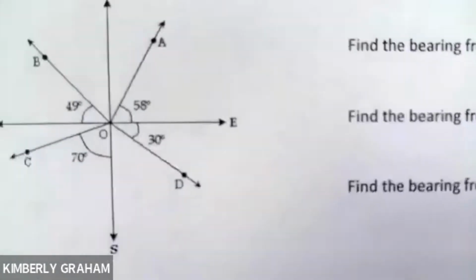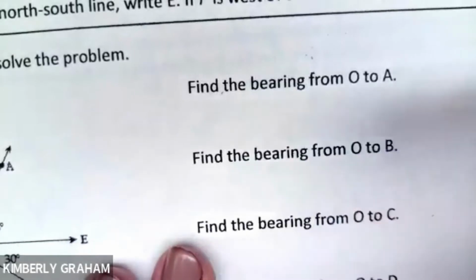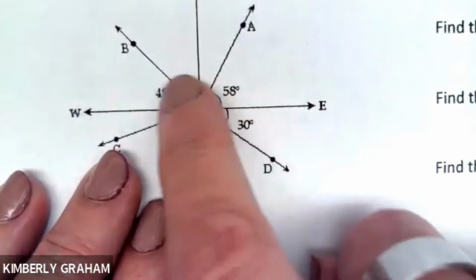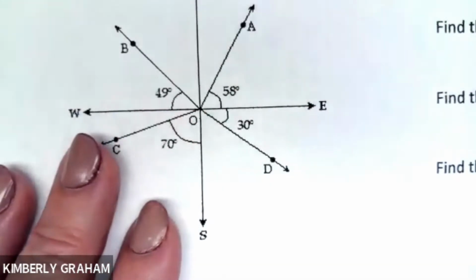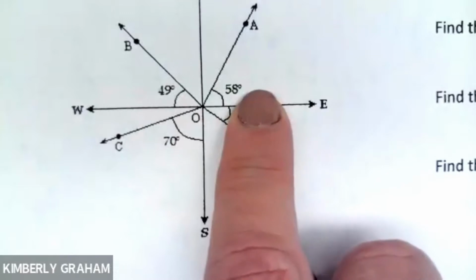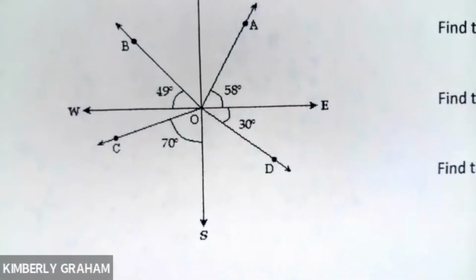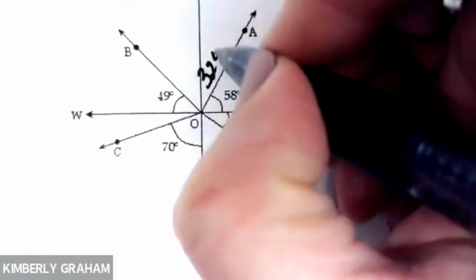Now, before I get started on naming this stuff over here, I want to fill in the measures of all of these little angles that aren't written down. Right? So this is a right angle here, so I would have 90 minus 58. This angle is 32 degrees.